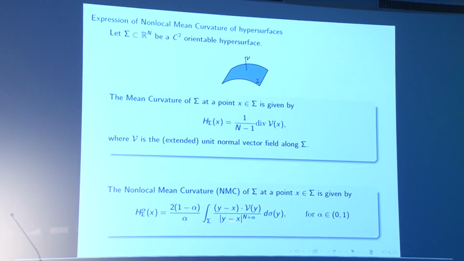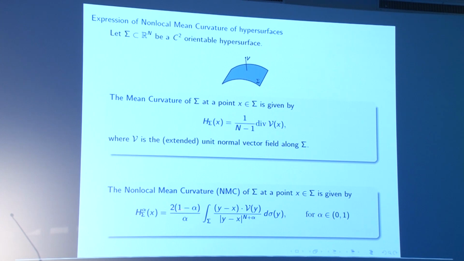And this expression, of course, is finite, modulo some integration, but it's still okay. There is an assumption that you should add in order to make this finite, but don't worry about this. It is not a big problem. And this is precisely the non-local mean curvature of the surface.